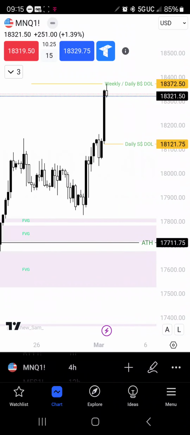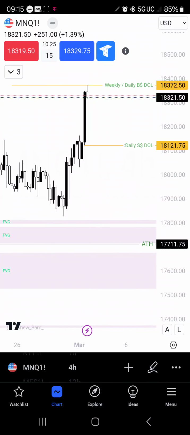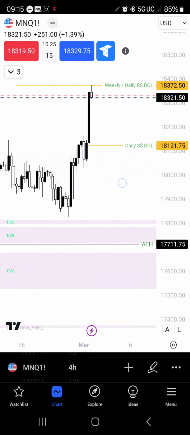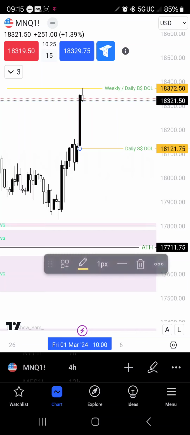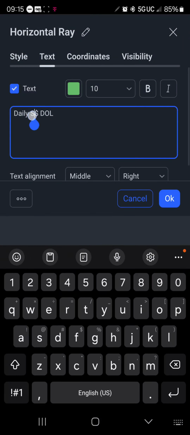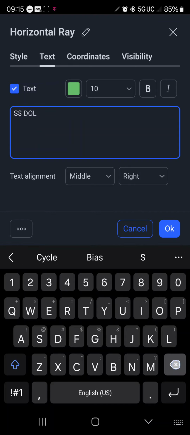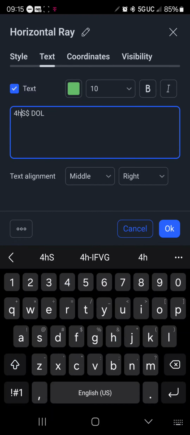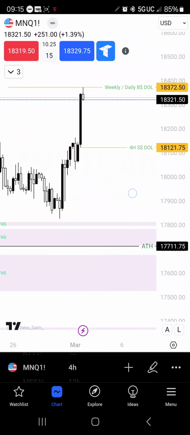Okay. And I apologize, I meant to change this. 4-hour sell side draw on liquidity. Okay.